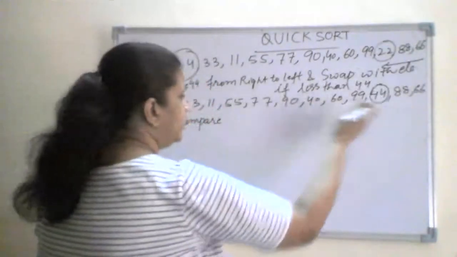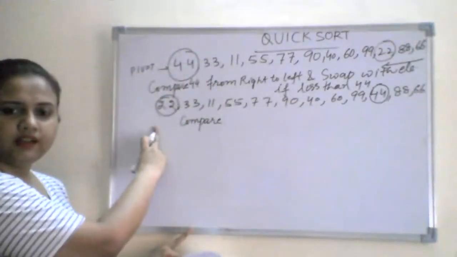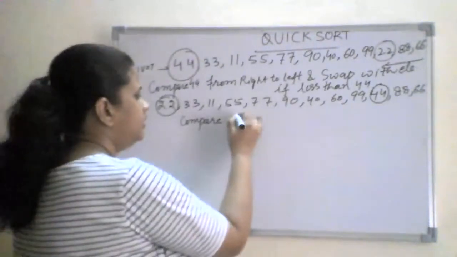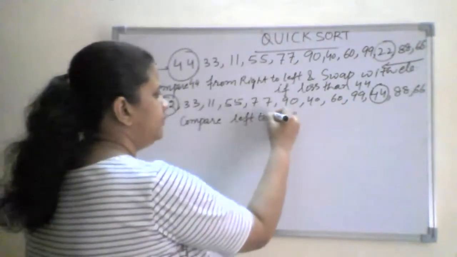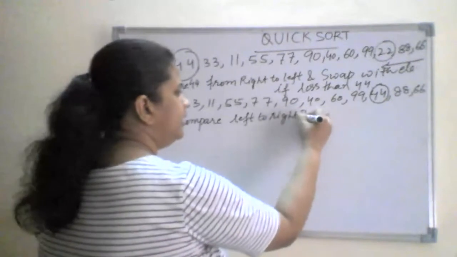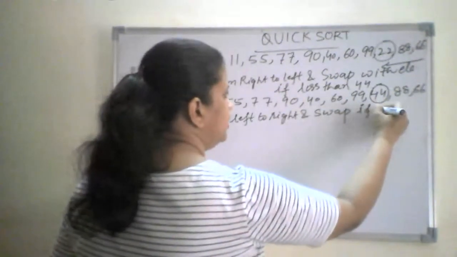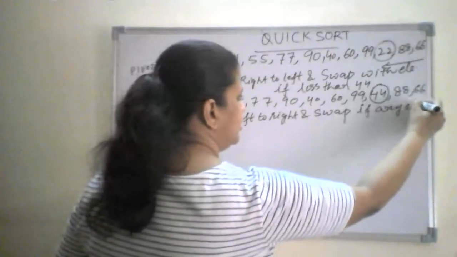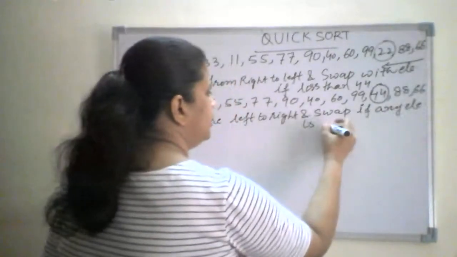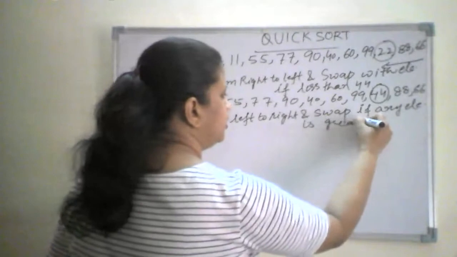If it is towards the right, we'll start comparing from the left side. So compare left to right and swap if any element is greater than 44.